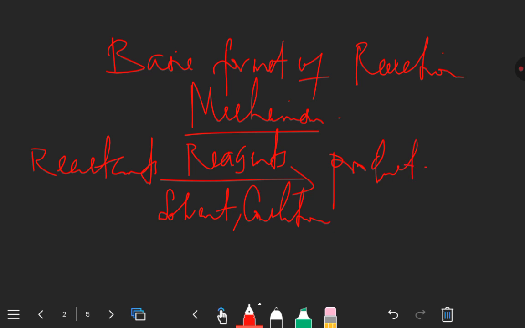So this is the basic format of a reaction mechanism.